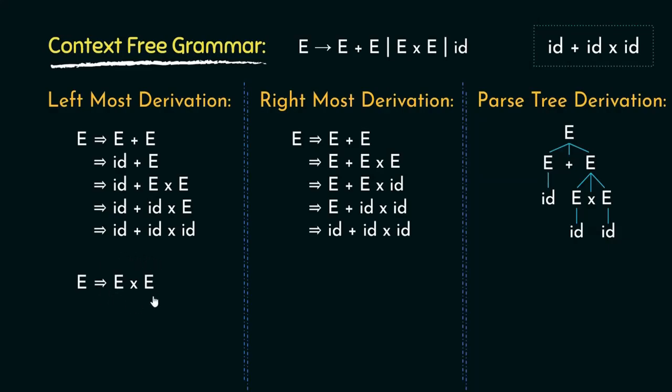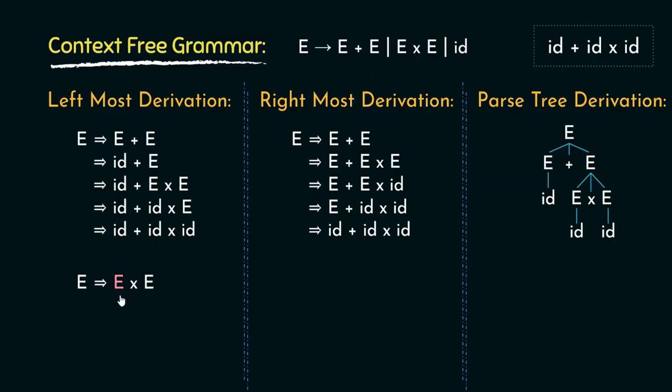So from e, we derive the sentential form e into e. Now this is the leftmost derivation procedure, so we will be concerned about the leftmost variable, which in this case is this one. Now observe the string. We have acquired the multiplication operator and now we need the addition operator, right? So this time we will use this production, that is, e can be written as e plus e.